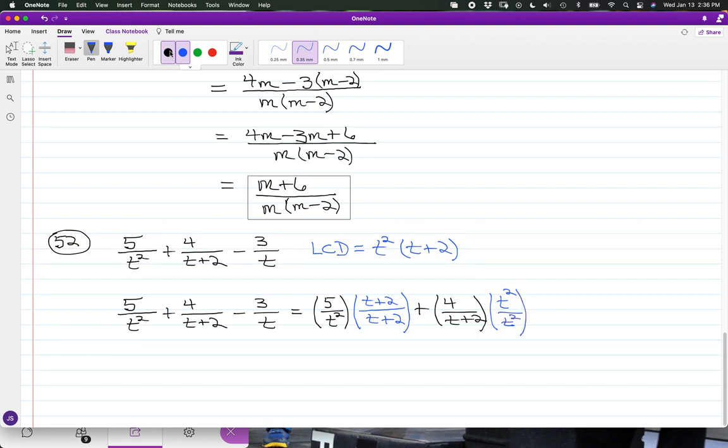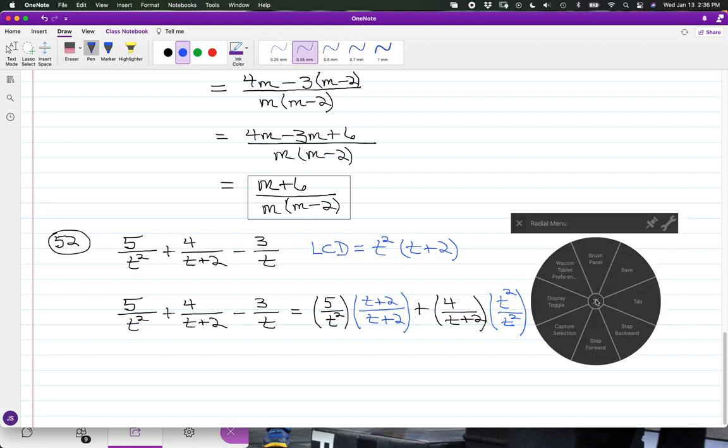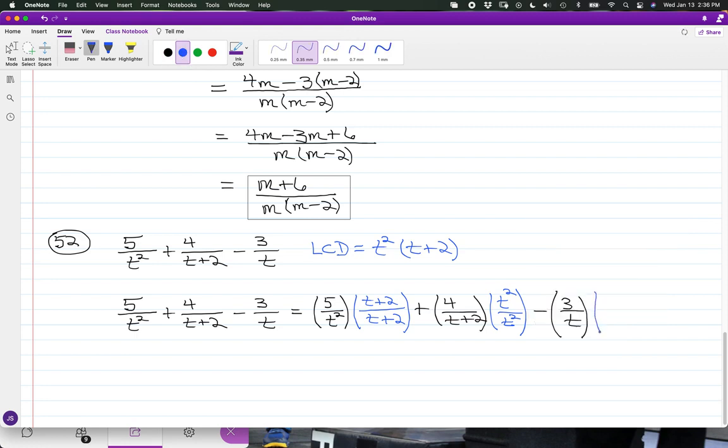Now for the last ratio, this is perhaps the trickiest part, because you have partial representation of one of the LCD factors. We have t, but that is only part of t squared, so you still have a degree in t left over. Furthermore, we have the t plus 2 factor from the LCD.